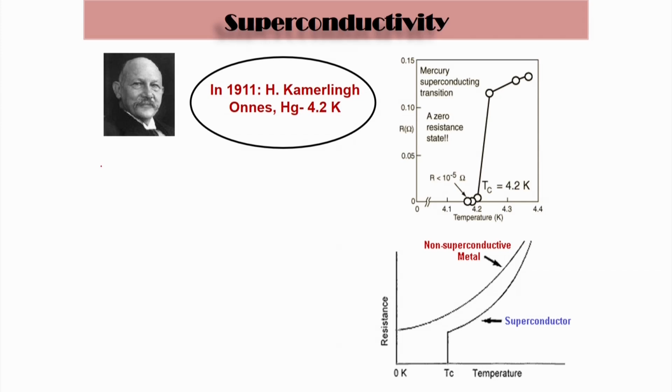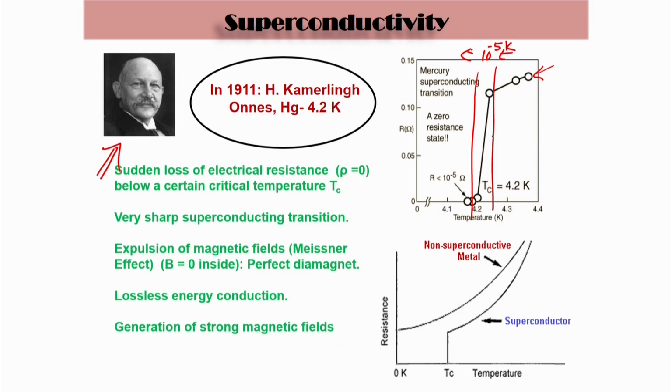It is this gentleman, H. Kamerlingh-Onnes, who was working with very clean, absolutely clean mercury, and he found that above 4.2 Kelvin the resistivity has a linear behavior, and suddenly in the vicinity of 4.2 Kelvin, within a very narrow temperature range of the order of 10 to the power minus 5 Kelvin, it falls off extremely sharply. The plot does not show it that way, but it is true.